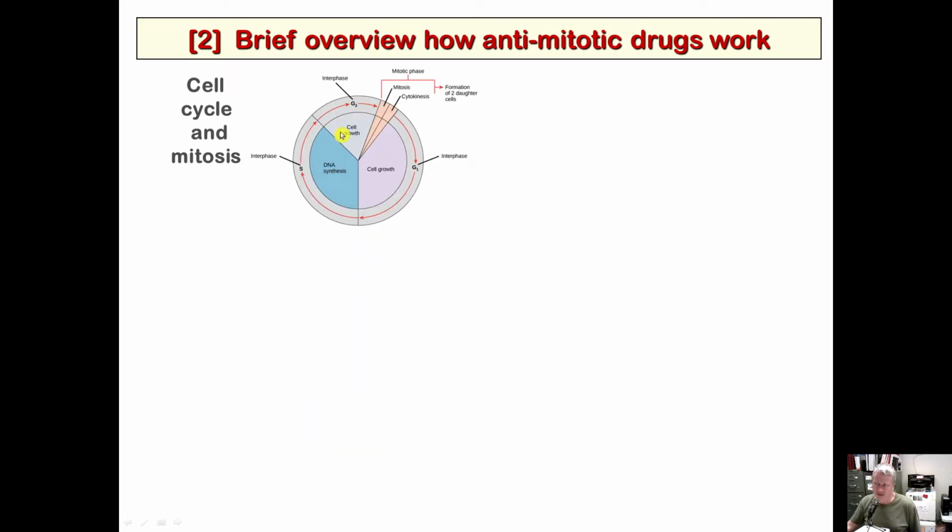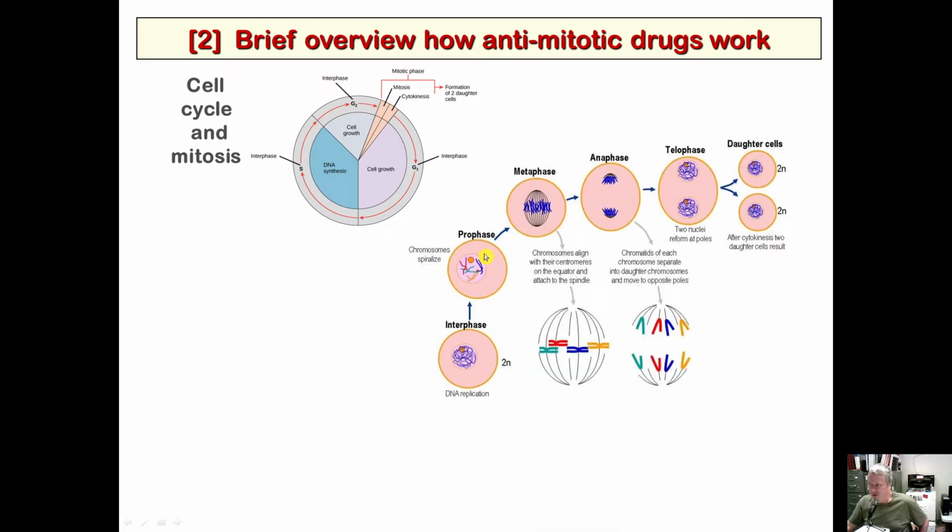The cell cycle operates continuously between different phases, different stages of interphase, the S phase, the G2 phase. The mitotic phase is where all the interesting stuff happens related to mitosis and cell division, and cytokinesis, which is the separation of two cells into two daughter cells. After those cells break apart, it returns to another interphase, and interphase is usually where cell growth and DNA synthesis occur.